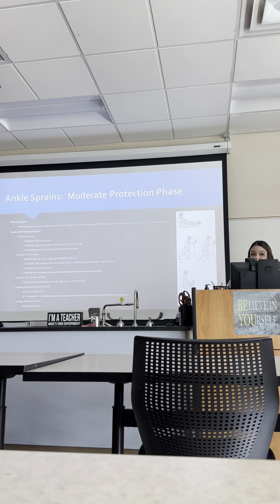Okay. So now we can start weight bearing, progressing off the assistive device. Keep using braces. You can add tape for stability, but still you want to keep avoiding that plantar flexion and inversion with a lateral ankle sprain. You can start strengthening in that non-weight bearing position.